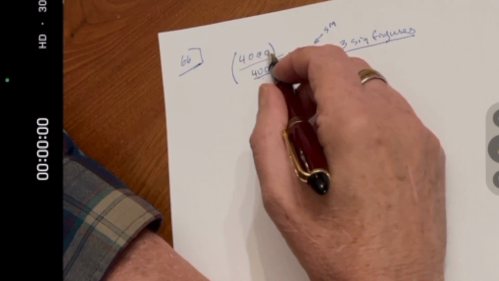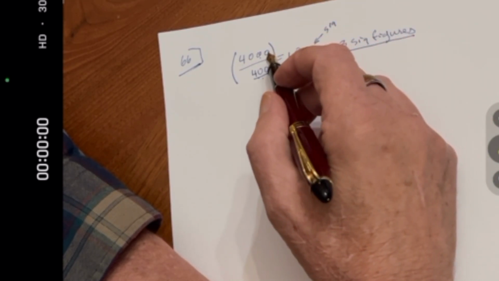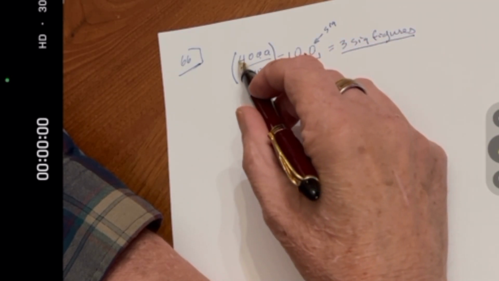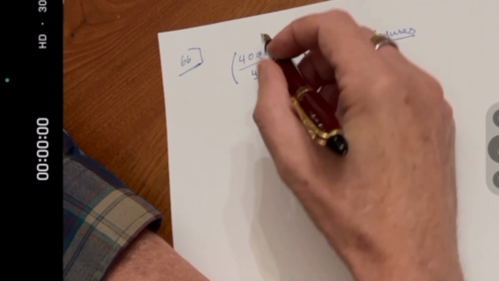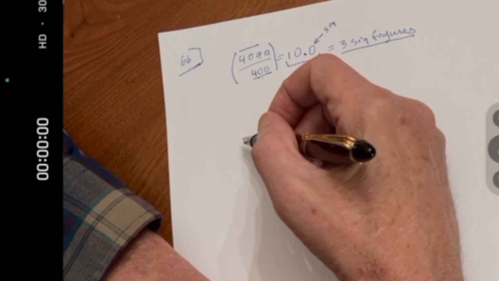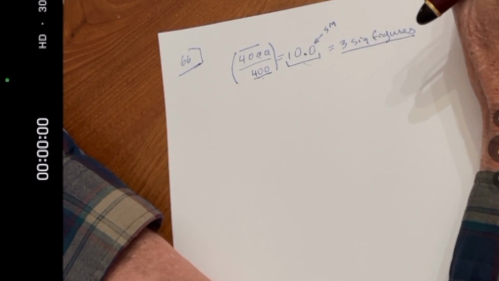Could we have 4 significant figures here or 3? It really doesn't matter. Whether this last 0 is significant or not, this has to have at least 3 significant figures in order to report out 4 significant figures. That's kind of a tricky question.